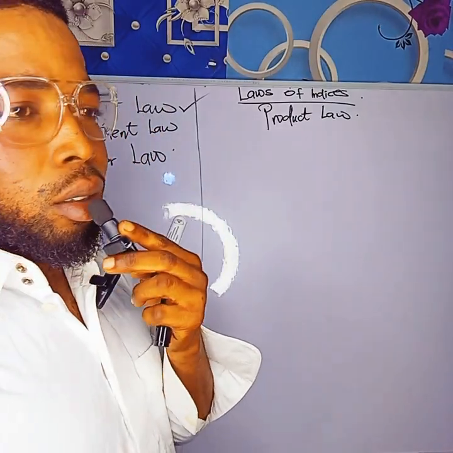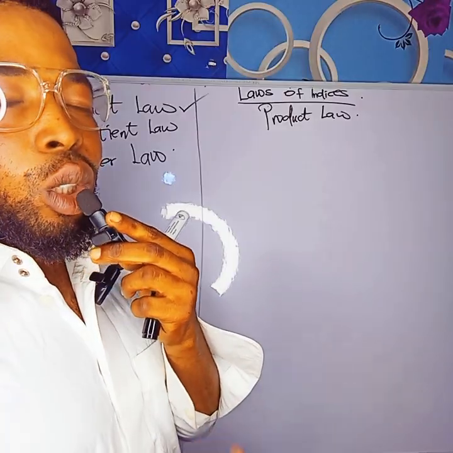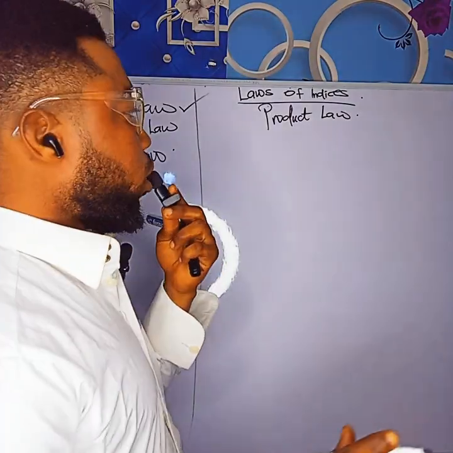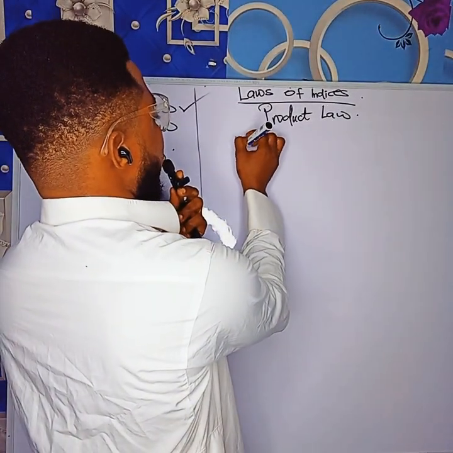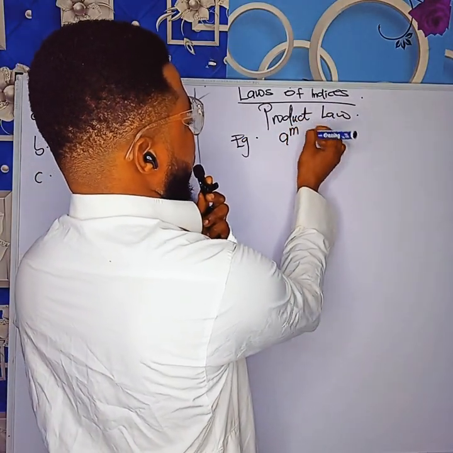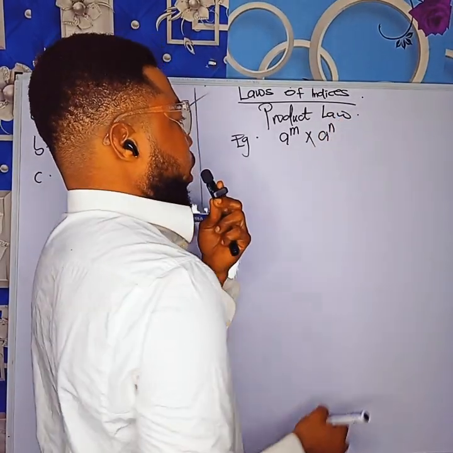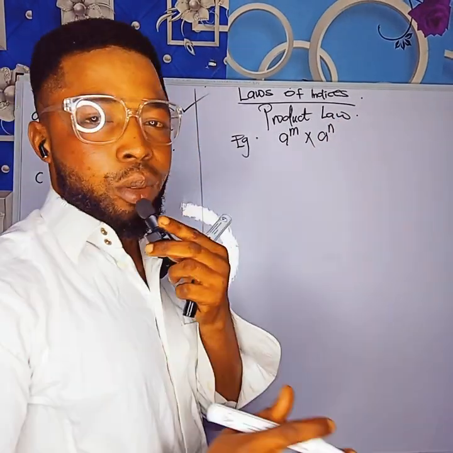Product law says to multiply numbers written with the same base, you add their powers. For example, if you have a^m multiplied by a^n. This is just an example, okay?